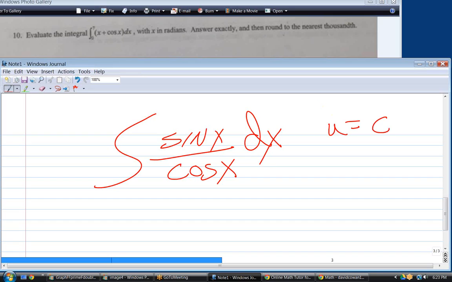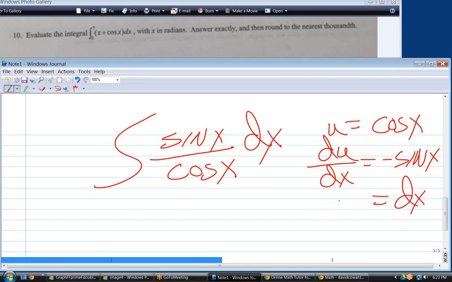Right, the denominator, because cosine goes into sine. What I know is going to happen when I let u equal cosine of x is that I'm going to end up with sine x in my numerator when I differentiate this. In other words, du dx equals minus sine x, which makes dx equal to du divided by minus sine x.